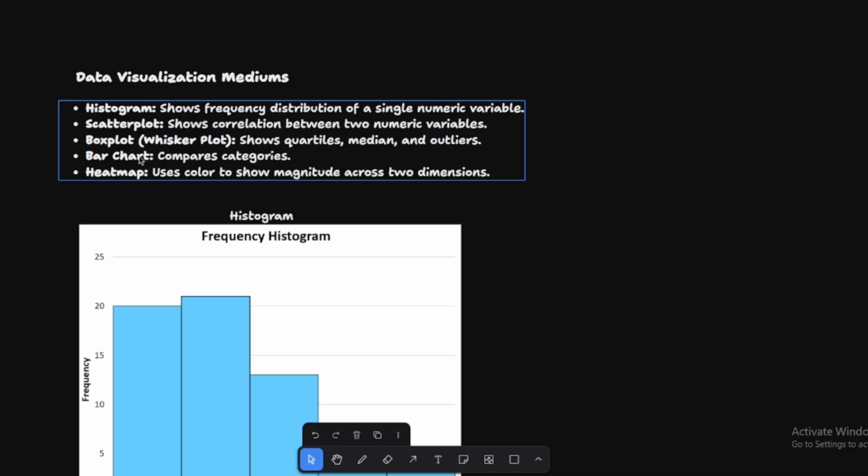A box plot shows quartiles, median, as well as outliers, which can be very useful. And a bar chart compares categories. So for example, if you have male and female attendance somewhere, you can use a bar chart to represent that data. And then a heat map uses color to show magnitude across two dimensions.